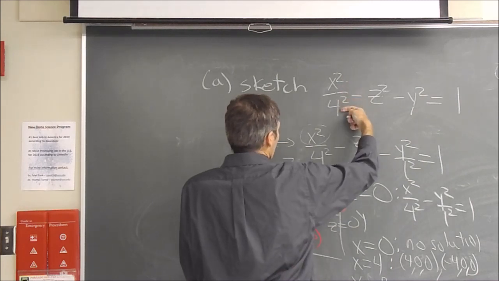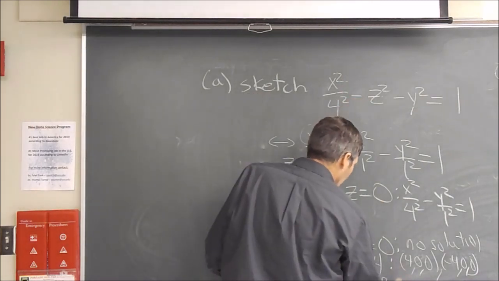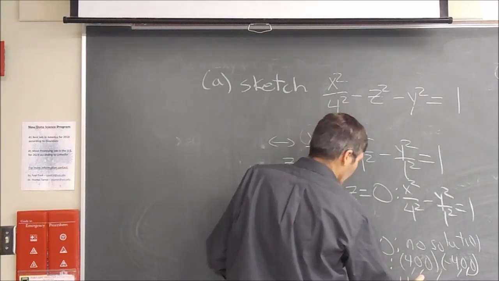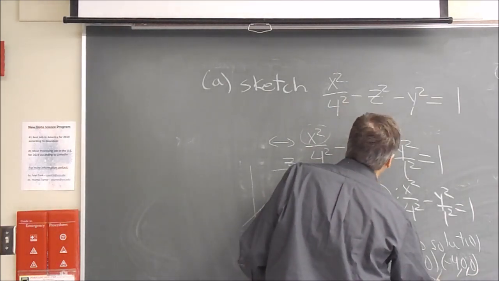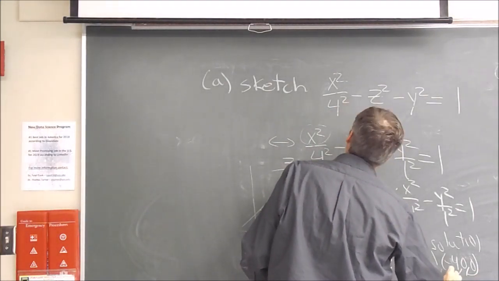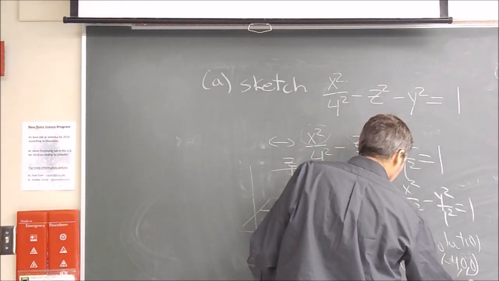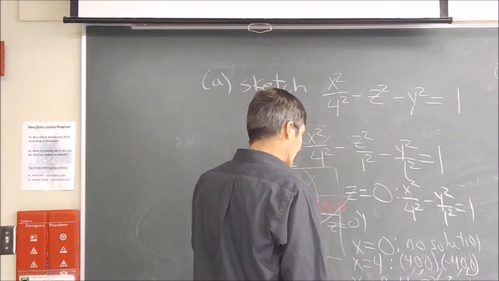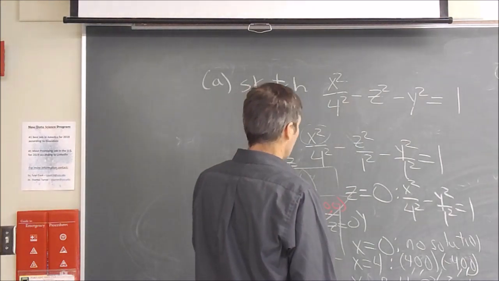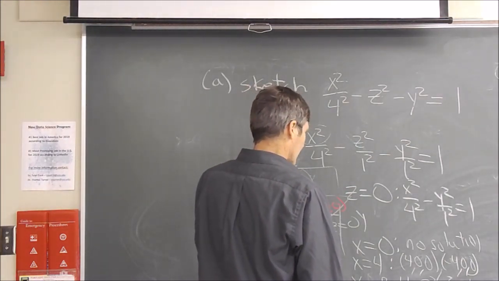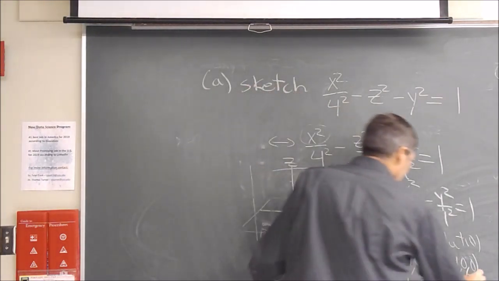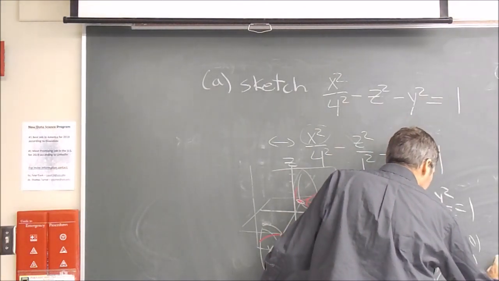64 over 16 is 4, so 4 minus z squared minus y squared equals 1, which says z squared plus y squared equals 3.